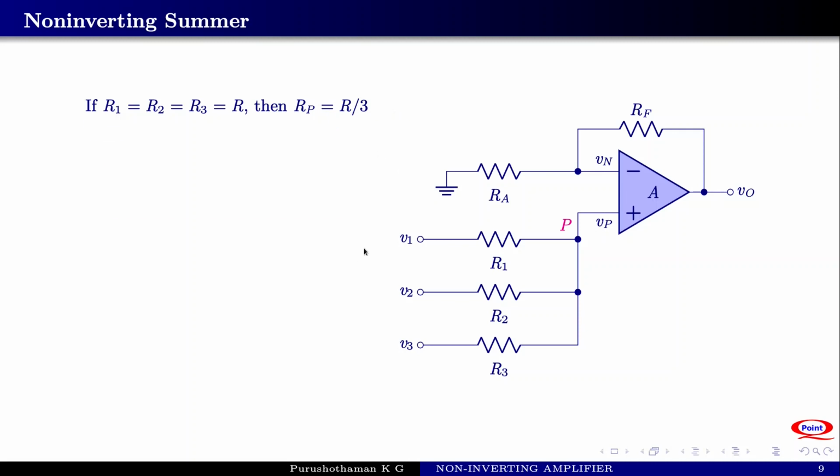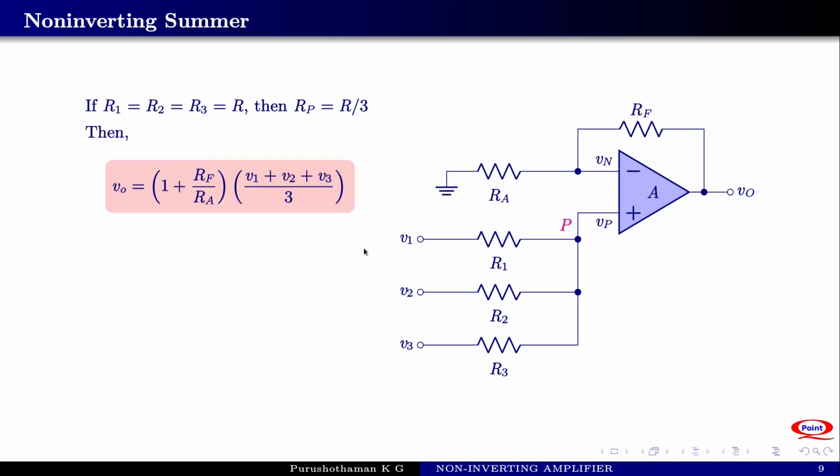So our expression for output now becomes Vo equal to 1 plus Rf by Ra into (V1 plus V2 plus V3) by 3. (V1 plus V2 plus V3) by 3 is the average of the three inputs. So you can see that the output is proportional to the average of the three inputs, or the average of the three inputs multiplied by the gain of the amplifier.